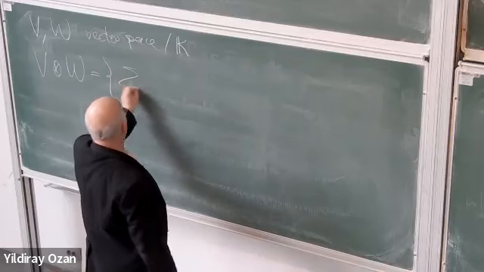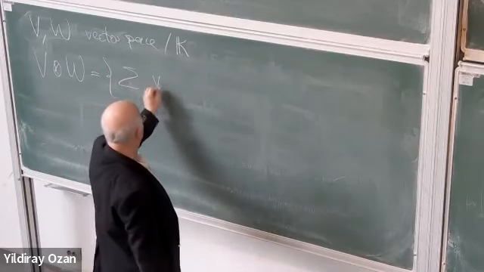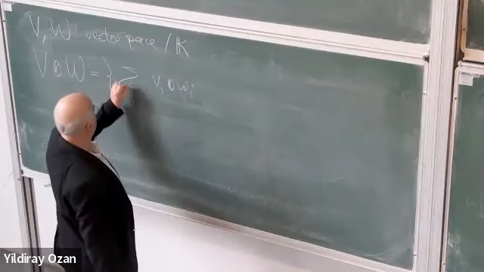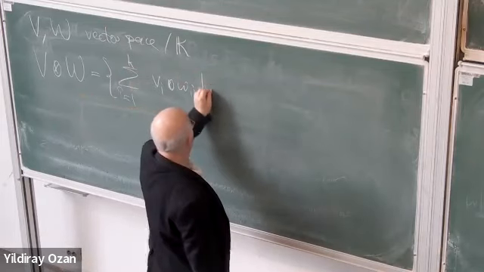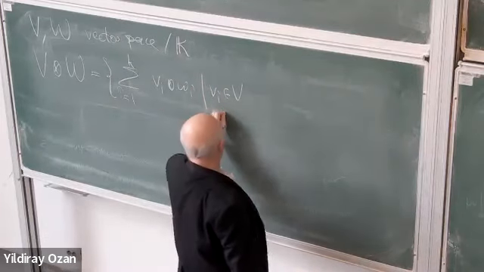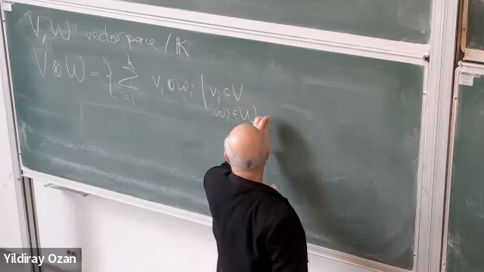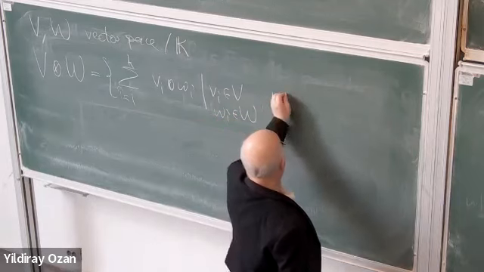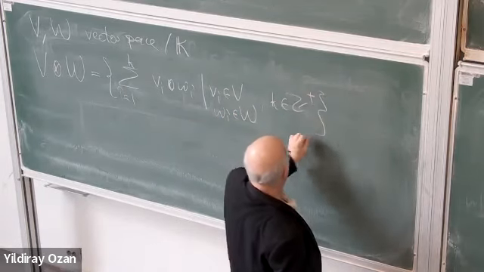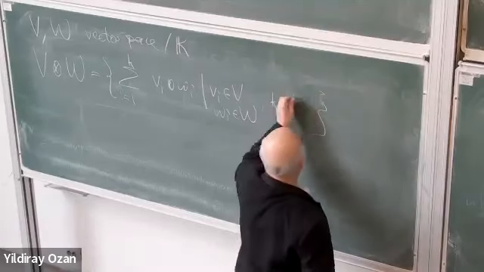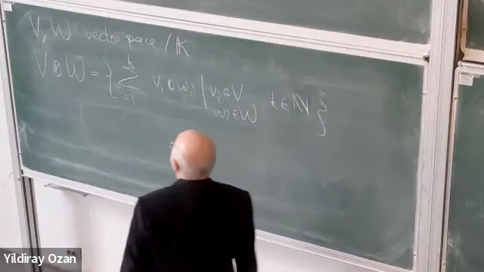It's the set of all objects like this: sums of v_i tensor w_i, for i, where i is a positive integer.